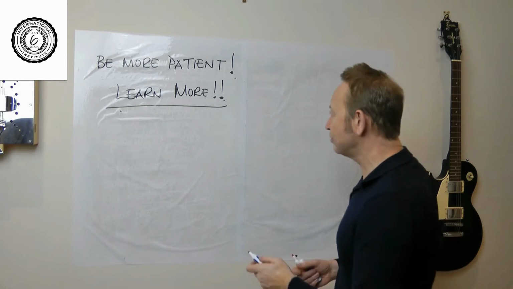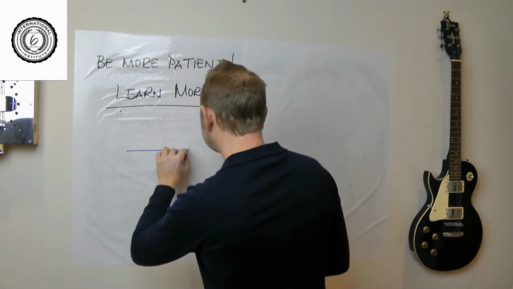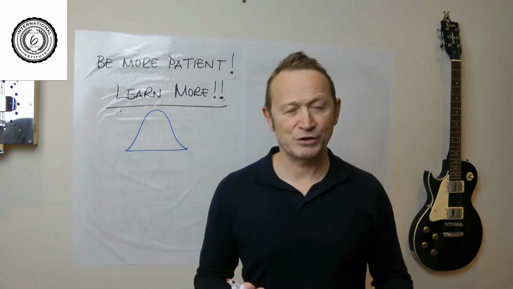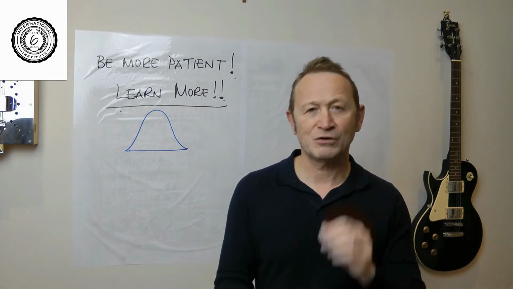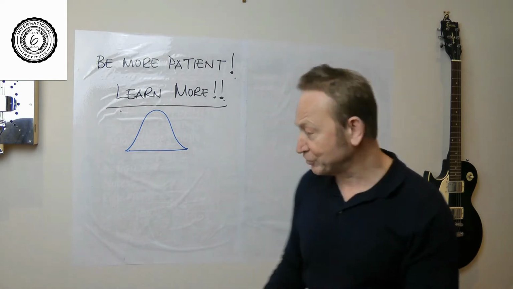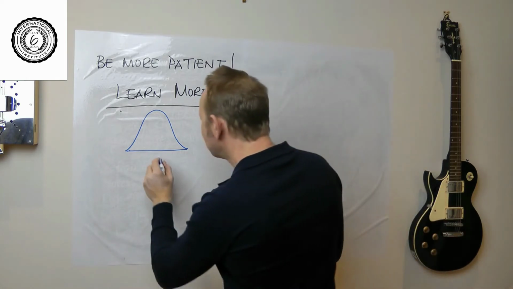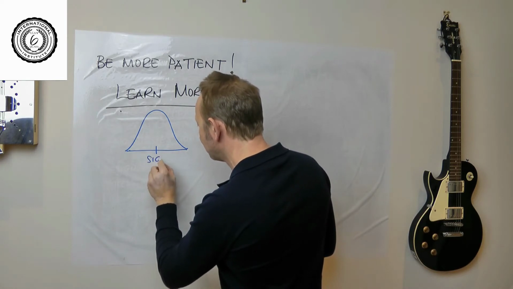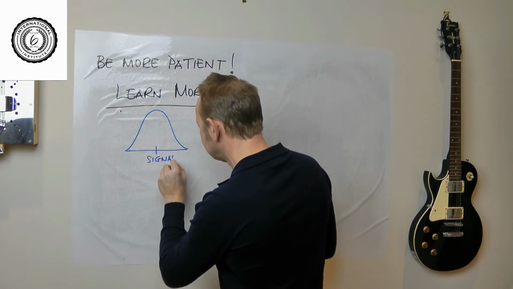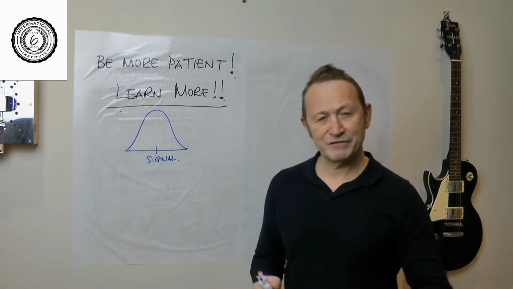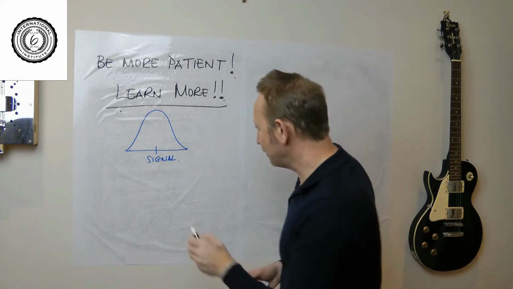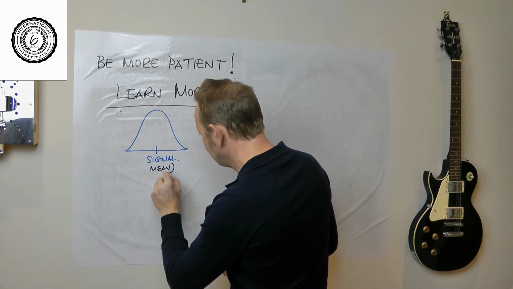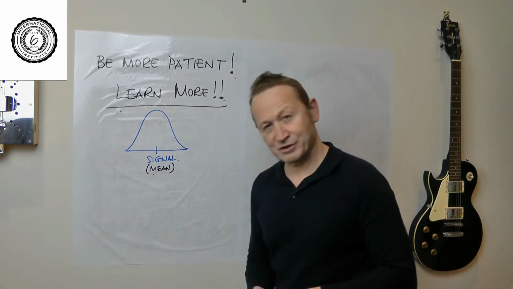What you're trying to do, of course, you're constantly trying to see this distribution which is coming out of your process. And if you're thinking statistically, which I want you to do, you'd be thinking about the signal, which of course is the middle of the data, the average that we're going to get. So we would typically use the mean to define the signal.